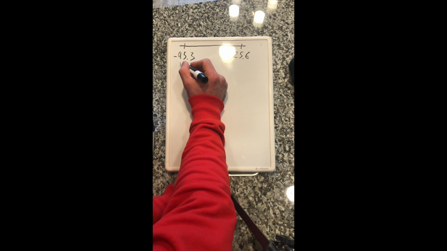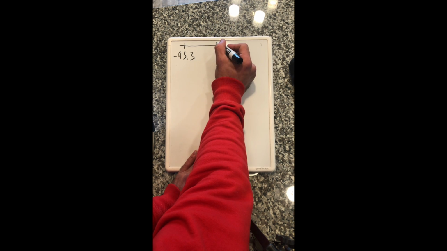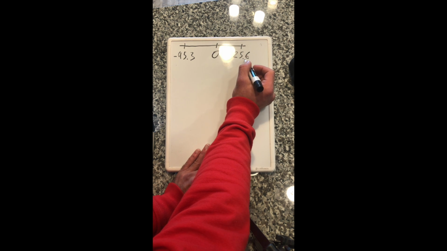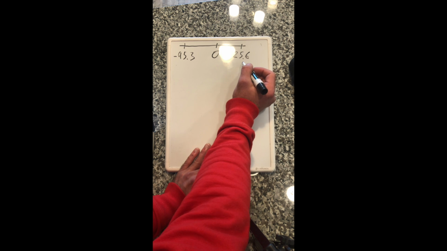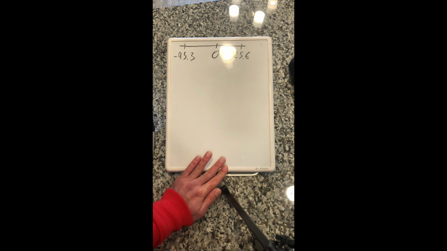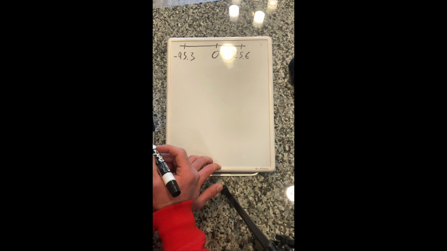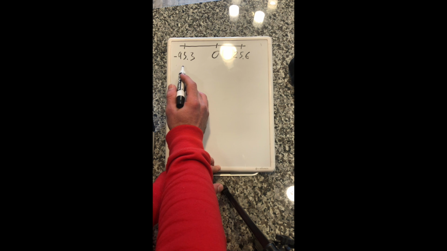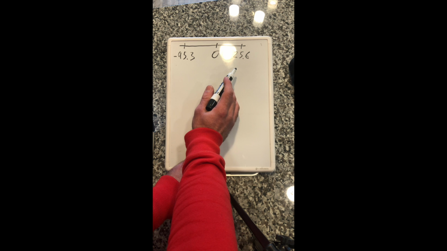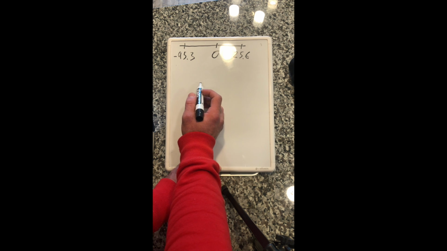So right here you have negative 95.3. Here's 0. And you have 25.6. So I got in this really weird headspace of doing math. It was like an ancient headspace almost of, okay, here's 95.3, here's 0, and here's 25.6. And subtraction is the difference of something.